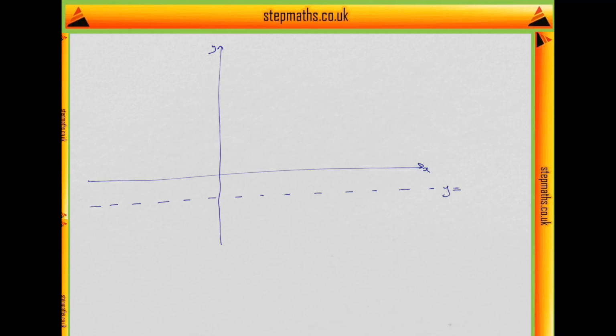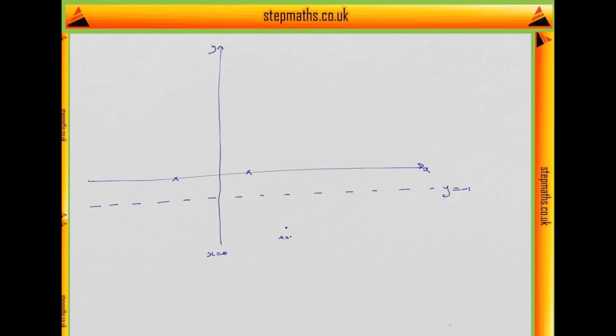So let's draw some axes. There's our x-axis, and here is our y. We know we're going to have an asymptote at y equals minus 1, and one at x equals 0. We're going to have a negative root and a positive root, and a stationary point at x equals 2.